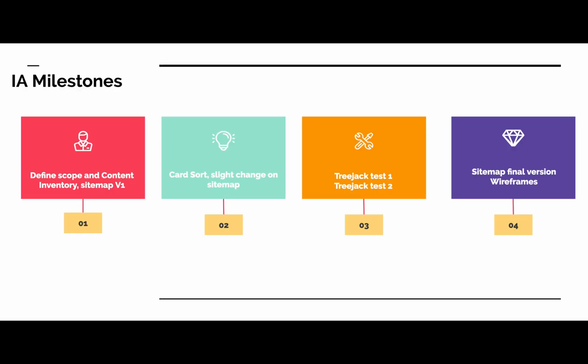This is the timeline of my project. I began with defining scope and content inventory. After collecting the information of this website, I came up with sitemap version 1. Using the data from the sitemap, I did the card sort and tested the collected data from the initial card sort, made revisions, and evaluated the data to refine website changes.